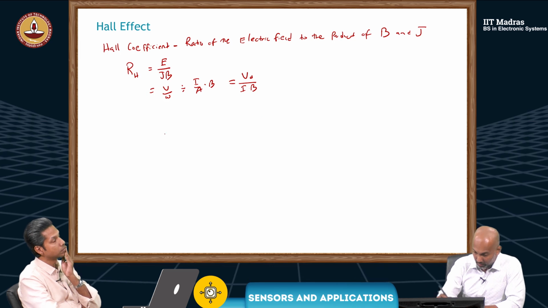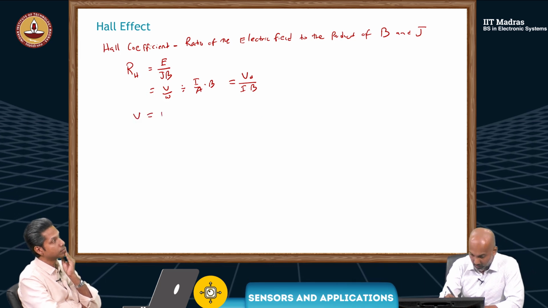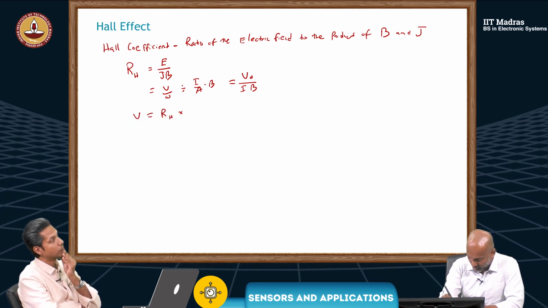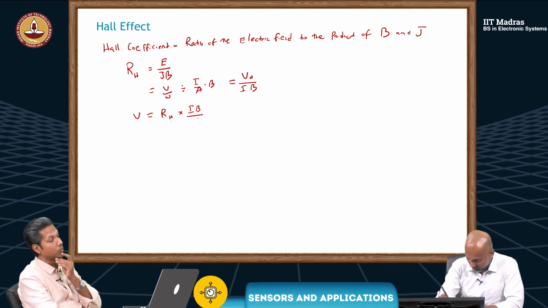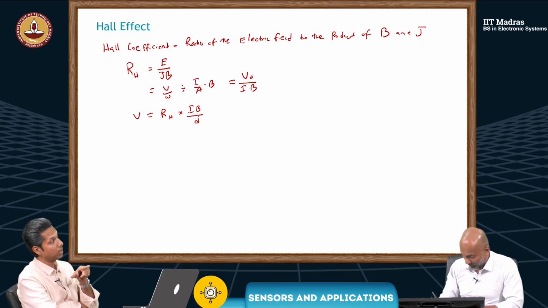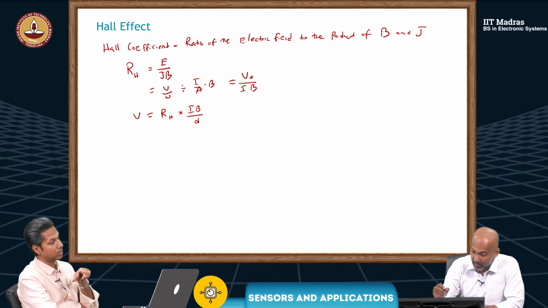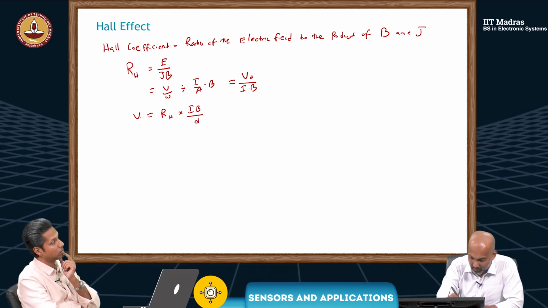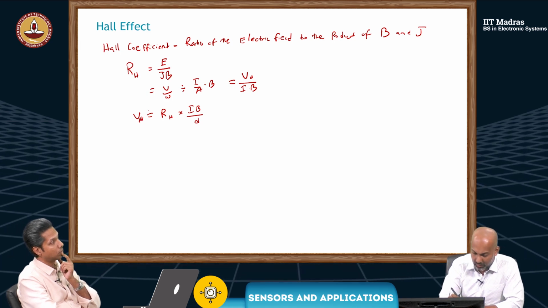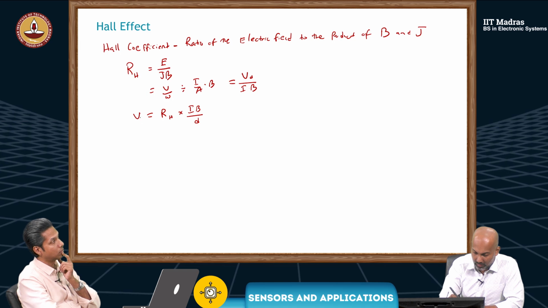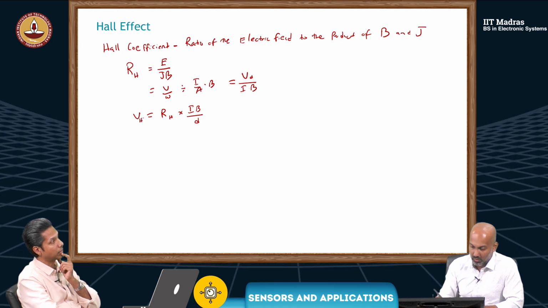Now, what does that say? V equals RH times IB over D. V here you mean VH. Yes, sorry, that's a good point. This is VH.